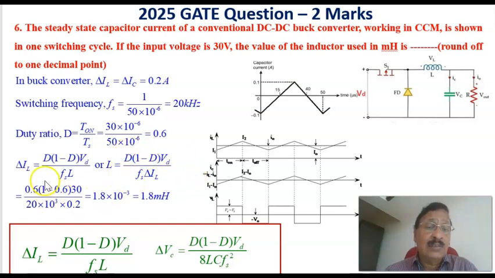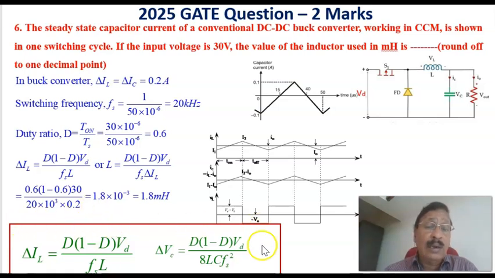Substituting in this equation, with the peak to peak current of 0.2, you can find the inductance value required. The inductance value is equal to 1.8 millihenry.